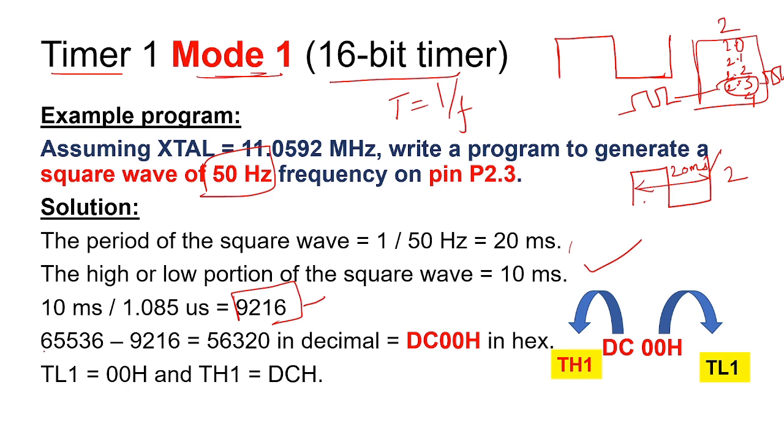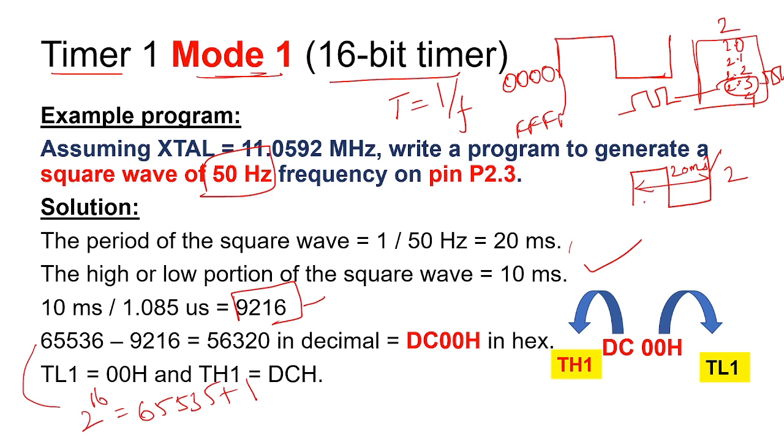What is the maximum pulse count in the 16-bit timer? You can find it goes up to 2 power 16. 2 power 16 is 65535 exactly. Plus 1 I am adding, because when you start to count, it will go from 0000 to FFFF.